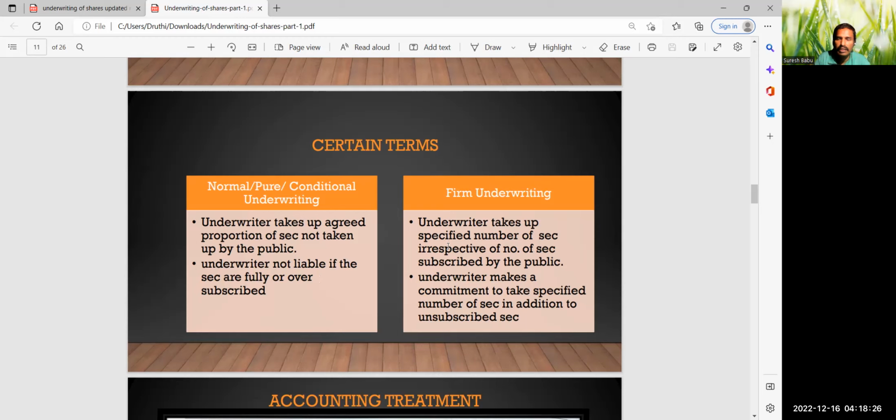Firm means a fixed commitment given by the underwriters to the company that apart from the regular underwriting, extra shares I would be willing to purchase. If this extra commitment is given by the underwriters to the company, it is called firm underwriting. So the underwriter makes a commitment to take a specified number of securities in addition to unsubscribed securities.